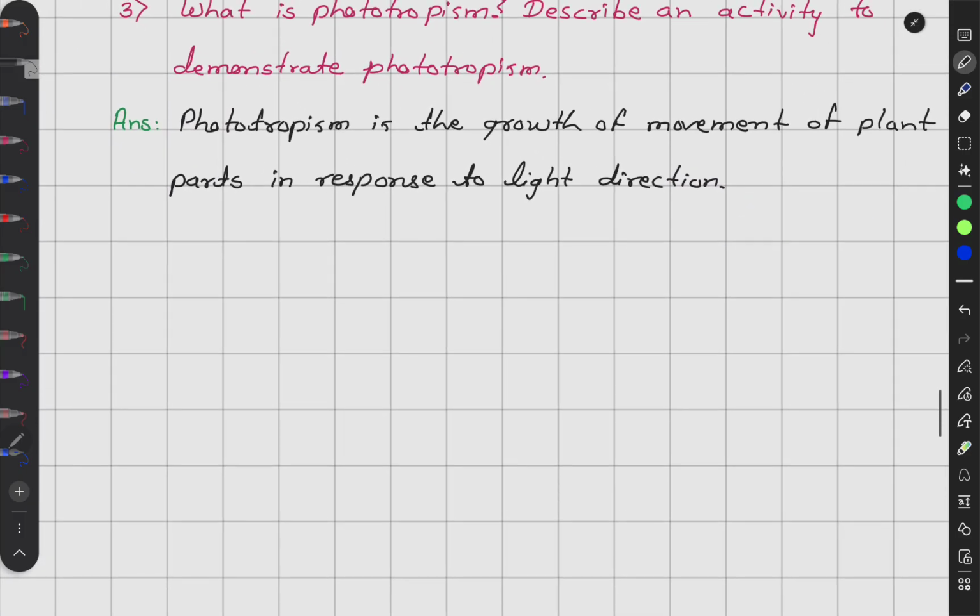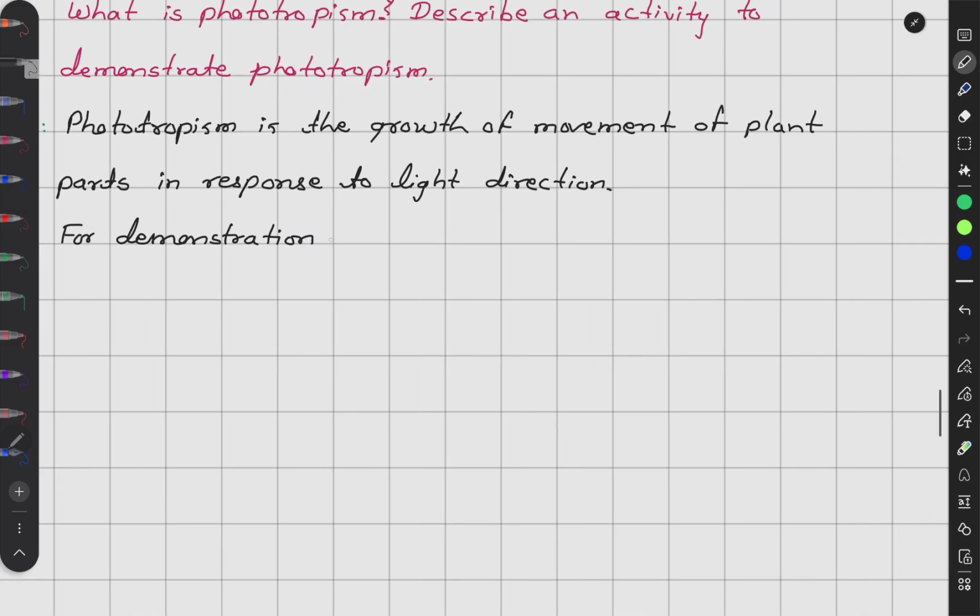For demonstration, take a plant, a potted plant, you can say.